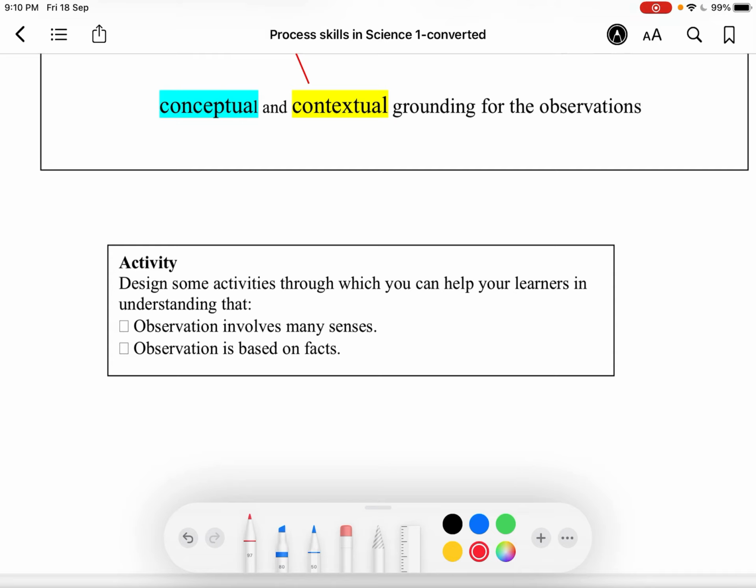Other than that, you can design some more activities depending upon your subject, physics, chemistry or biology, through which you can help your learners in understanding that observation involves many senses and observation is based on facts. So these two characteristics of the skill of observation are to be made clear to the students.